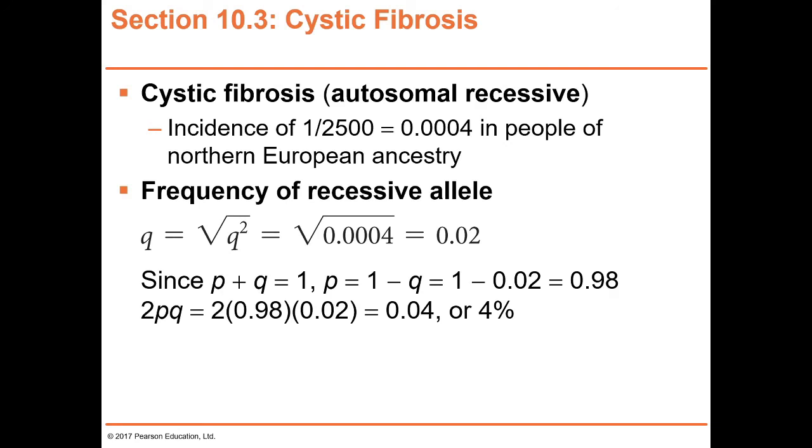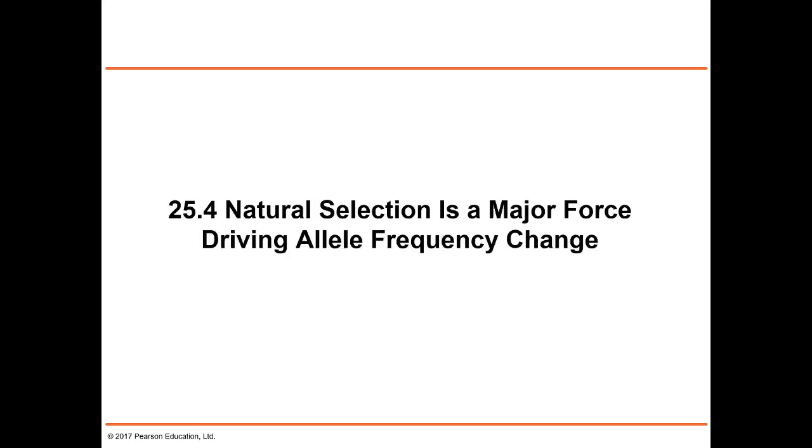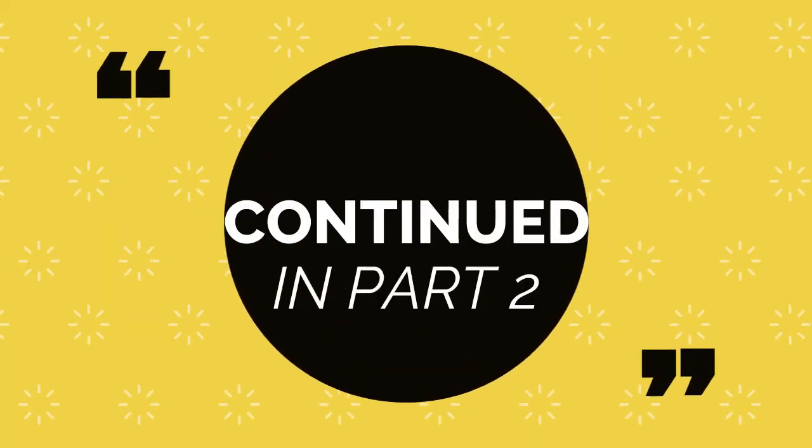So 0.02 is Q, and for P you have to minus from 1. 1 minus 0.02, you get 0.98. So 0.98 is P. To find 2PQ, 2 times 0.98 times 0.02, you get 0.04. 0.04 is also translated as 4%. Continued in part 2.